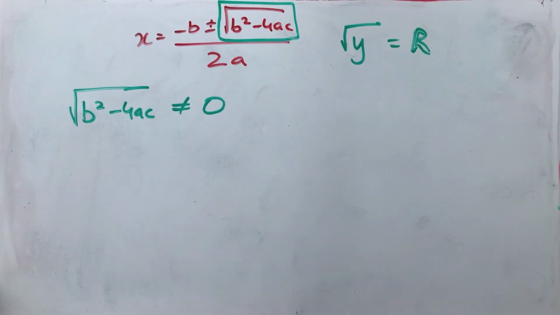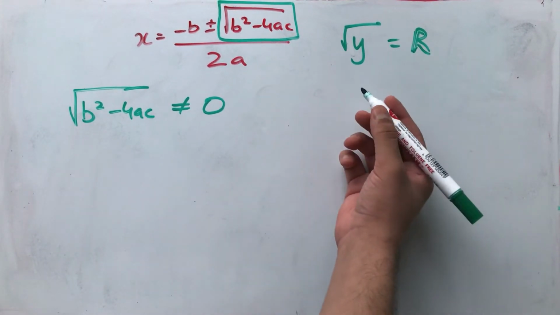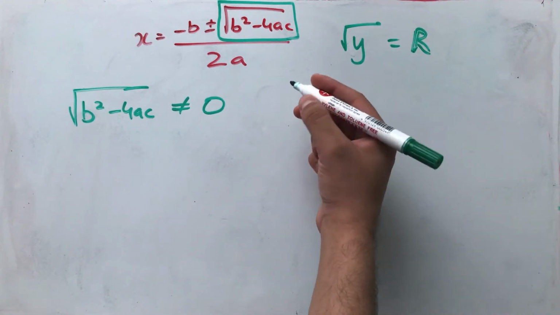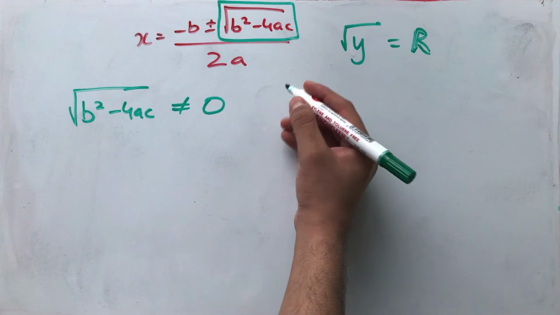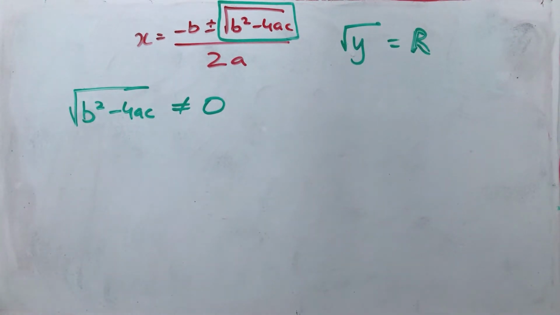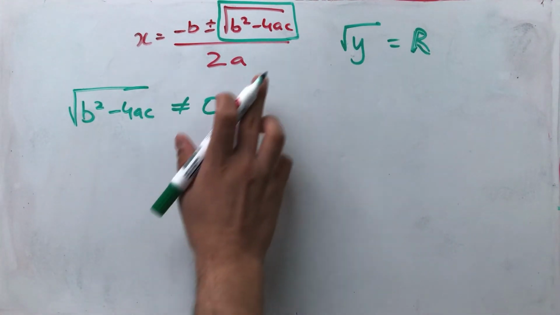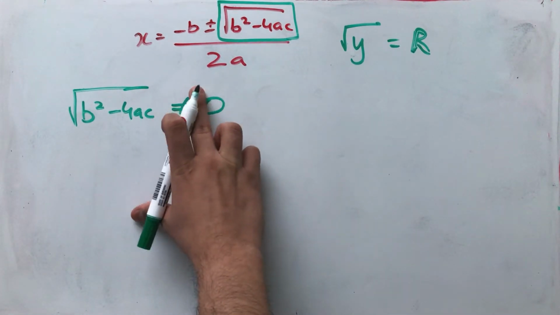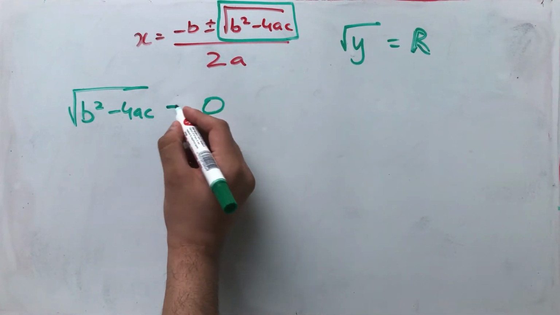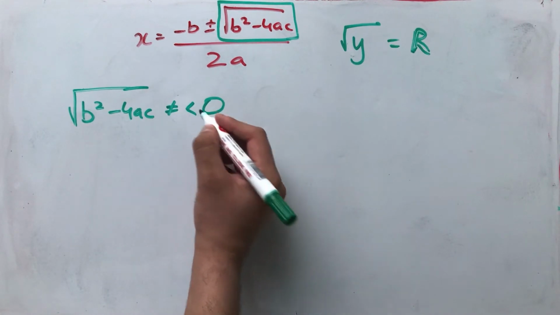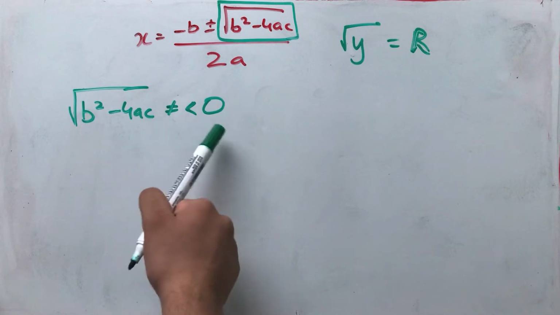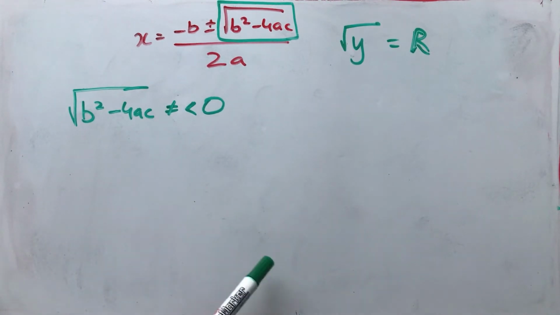Like I said in the previous video, the roots are basically the answers of quadratic expressions. For this to have a root, to have any answer, it cannot be less than 0, because if it's less than 0, which basically means it's negative, the square root doesn't exist.